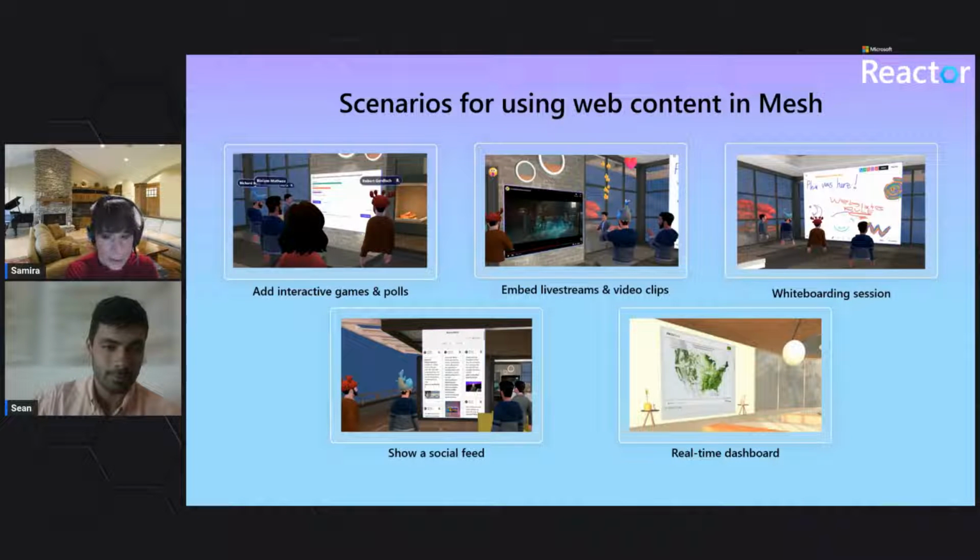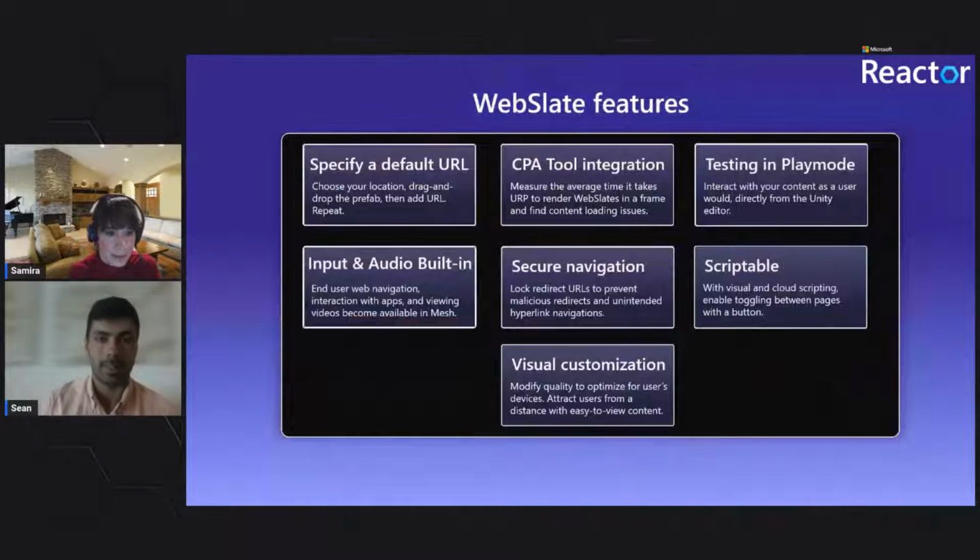All right. Do we have the next slide? Okay, thank you. All right, so when you take advantage of Mesh Toolkit's WebSlates, you're quickly enabled to show web content to your end users. And as you'll see later from our demo, you can quickly drop the prefab into your hierarchy and specify the URL that you would like your WebSlate to display.